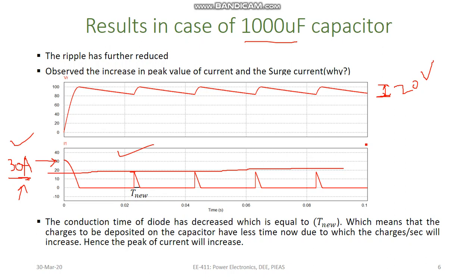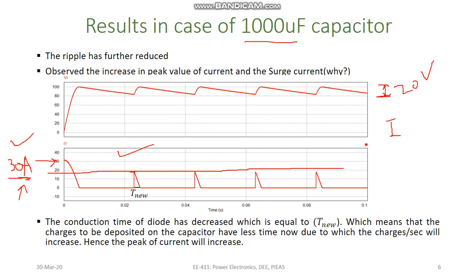When we were previously talking about a number of factors, that is the IRMS, I peak, peak inverse voltage, and other values, we also mentioned I surge current. So this I surge current is very important to consider in our design.